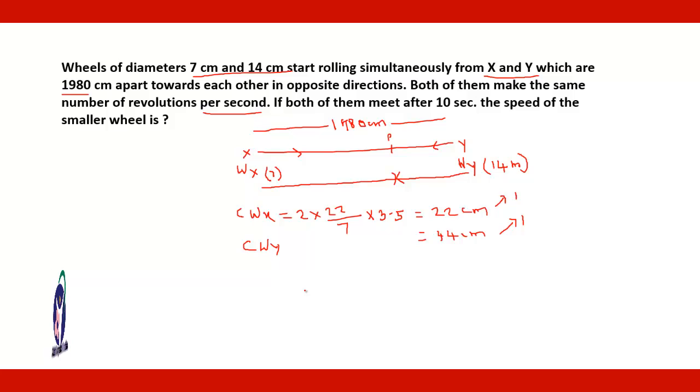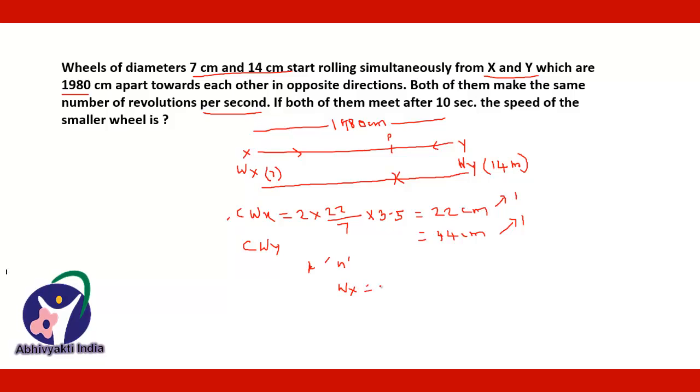Now let the number of revolutions per second be N. Then the distance covered by the wheel X will be equal to 22N in 1 second, and by wheel Y will be equal to what? 44N in 1 second.